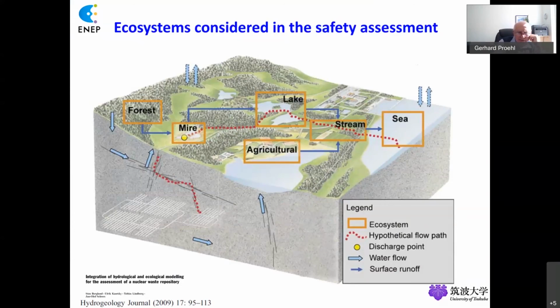This yellow part is a discharge point in the environment. As you have different types of ecosystems such as forest, mire, lake, stream, agriculture, you may have different implications and different doses to people if the radionuclides come to such a landscape element.